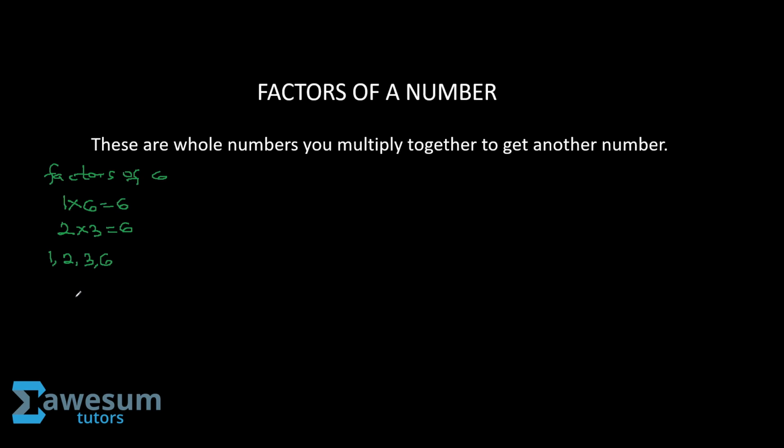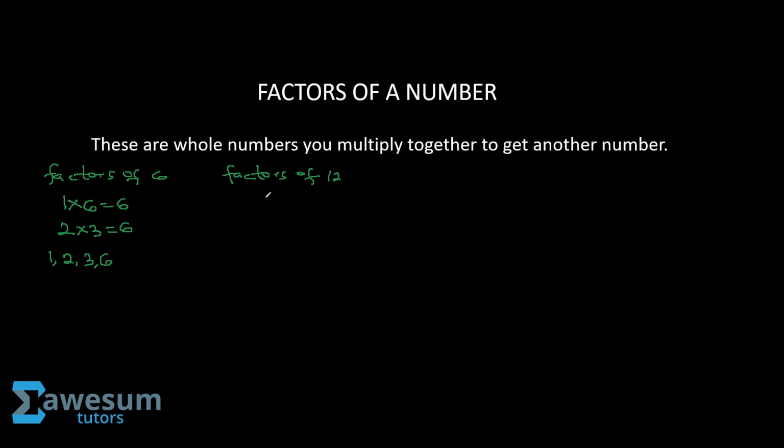What about if you are considering factors of 12? Remember we said factors are those whole numbers that you multiply together to get another number. You need two numbers that you would multiply to get another number.